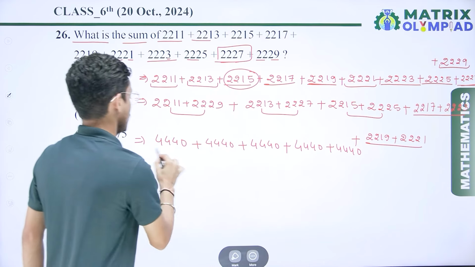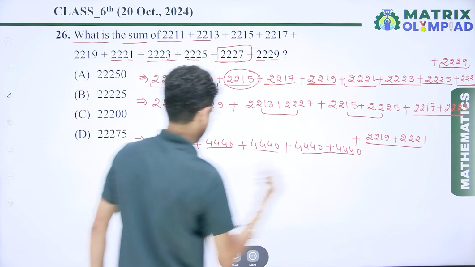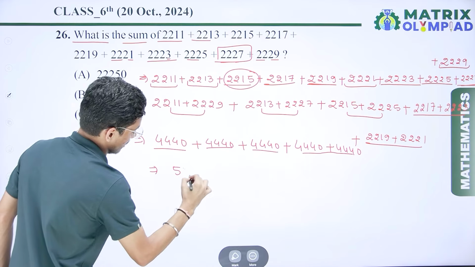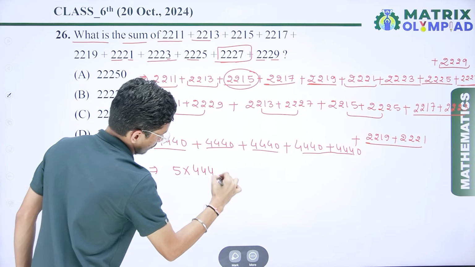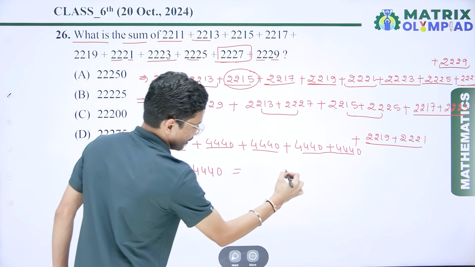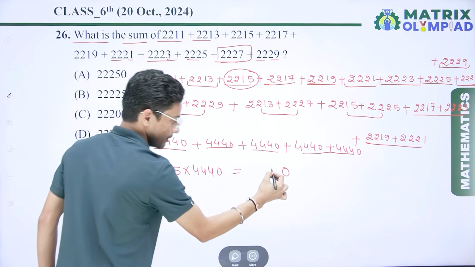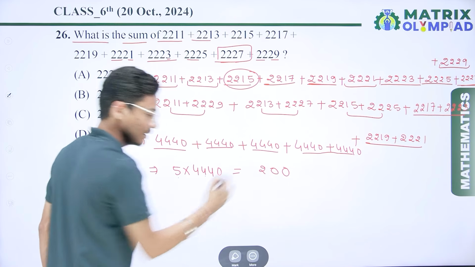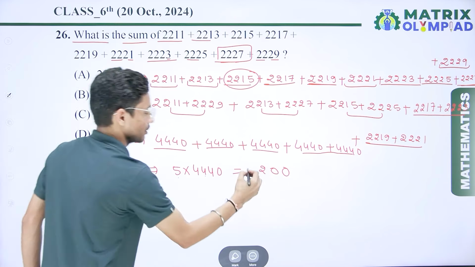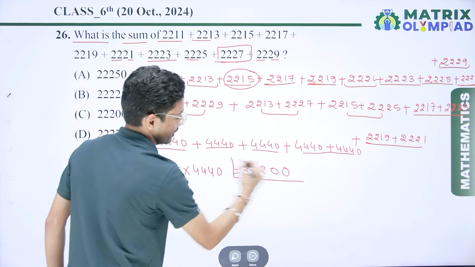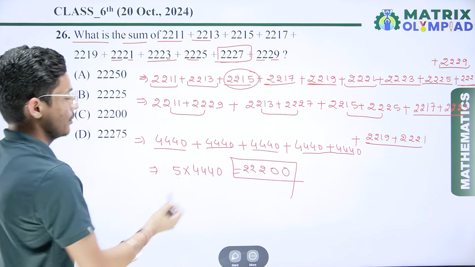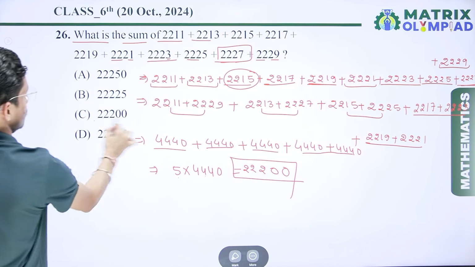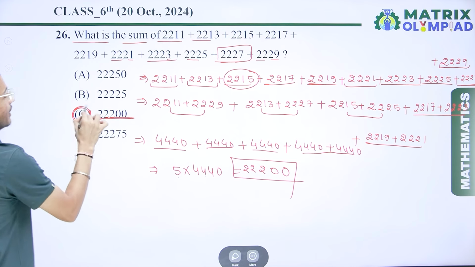Look, so here 1, 2, 3, 4, 5 times, so I can say 5 multiplied by 4440. So 5 times 0 is 0, 5 times 4 is 20, carry 2, 5 times 4 is 20 and 2 is 22, again carry 2, 5 times 4 is 20 and 2 is 22. So here I get 22200. Here option C is the correct answer.